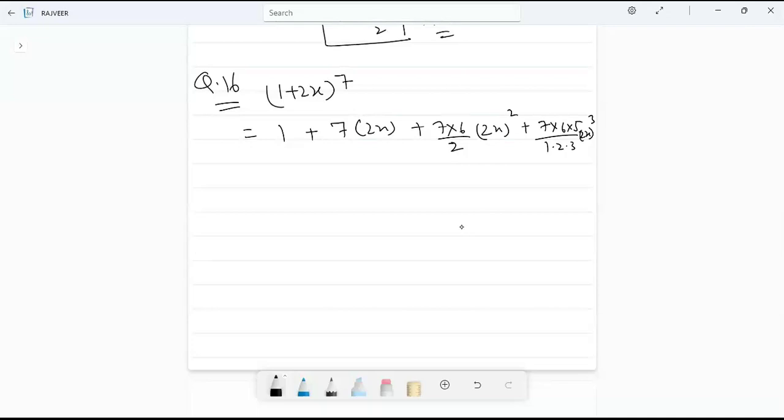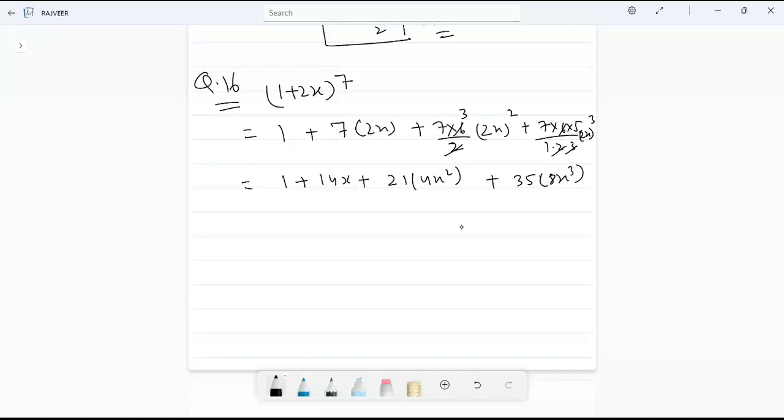Yeah. So 1 plus 14x plus 21 into 4x square. 2x whole square is 4x square. And here it is 6. So plus 35 into 8x cube.